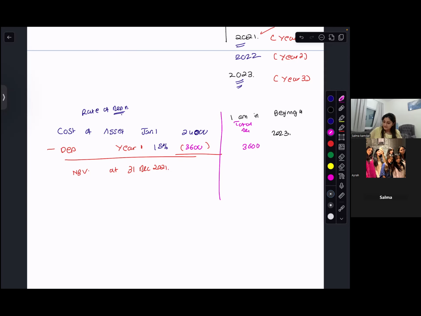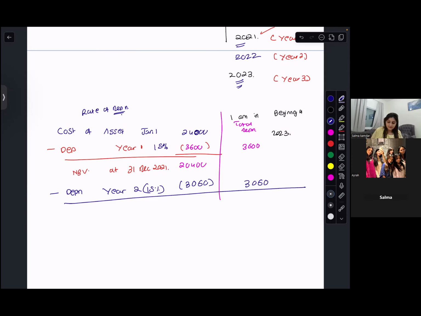Minus 3,600, which will give you net book value 20,400. Then year two, depreciation 15% of 20,400, which will give you 3,060.